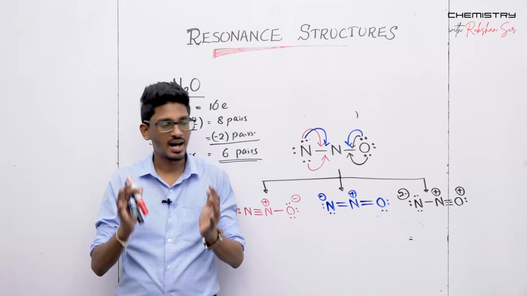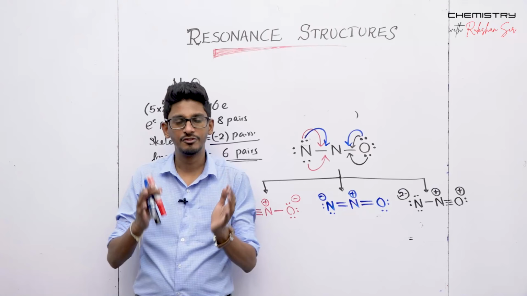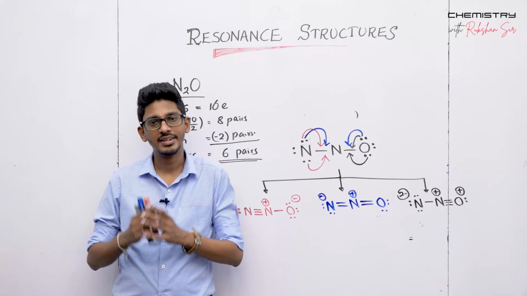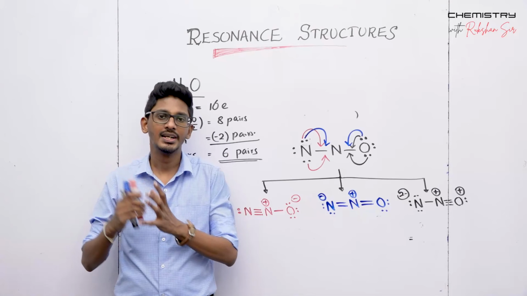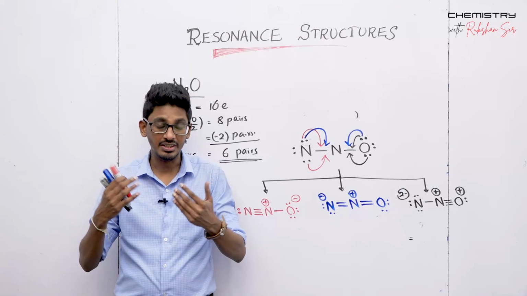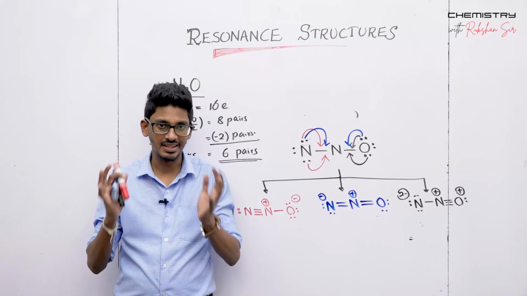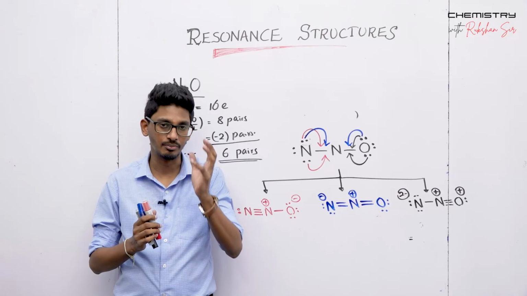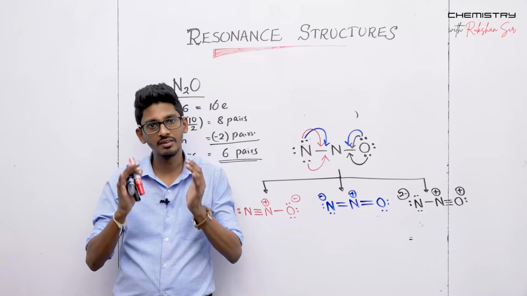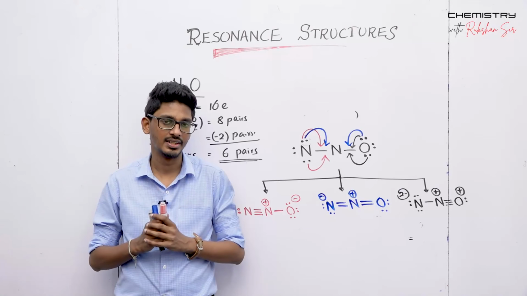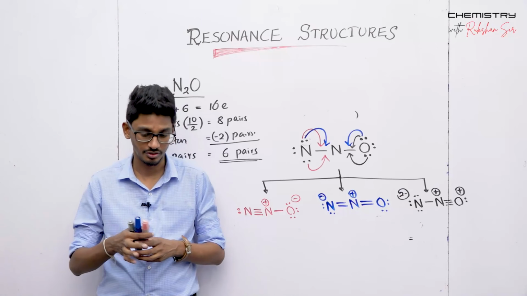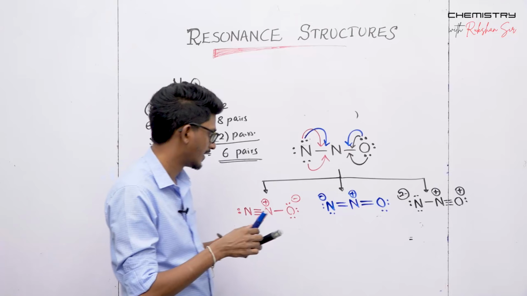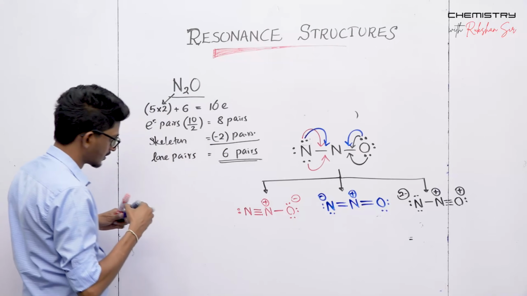Resonance structures are Lewis structures: if we are able to draw more than one acceptable Lewis structure for a given atomic skeleton, for a given molecule, then those are referred to as resonance structures. So these are considered as resonance structures.